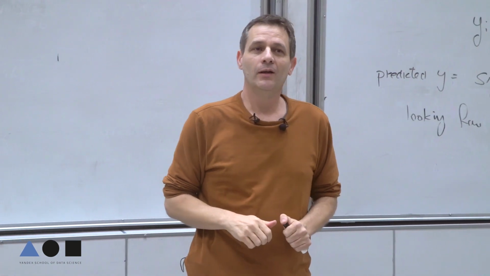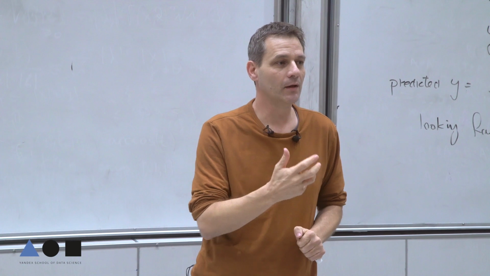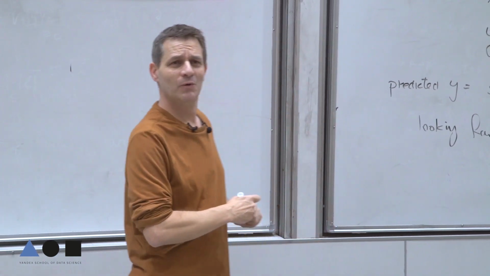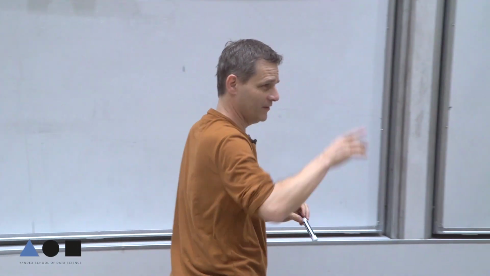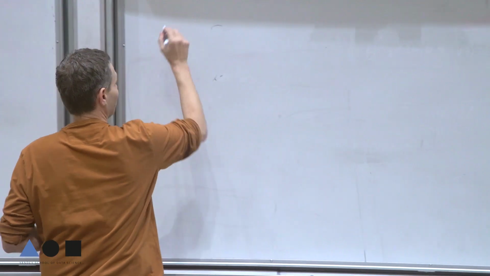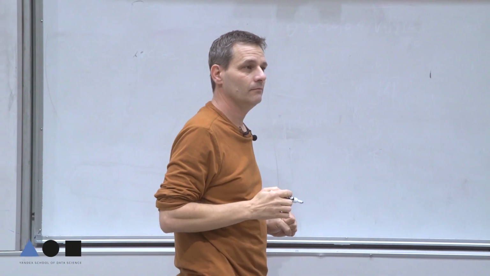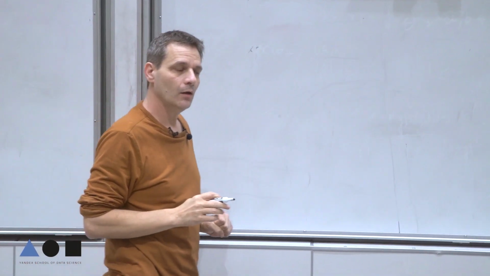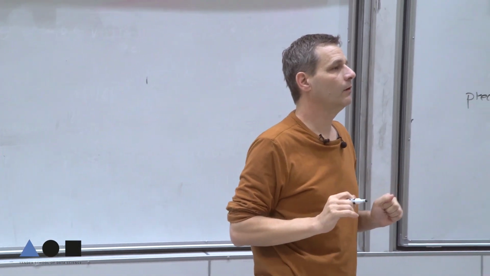Rosenblatt was very excited to introduce this perceptron algorithm. Do you remember the algorithm? Can you tell me what the algorithm is? I remember that he tried to predict if it's a square or a triangle, but this algorithm is actually quite general.